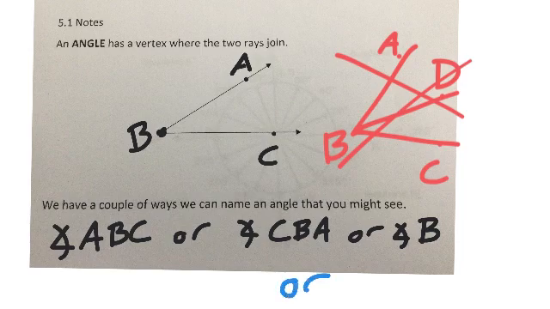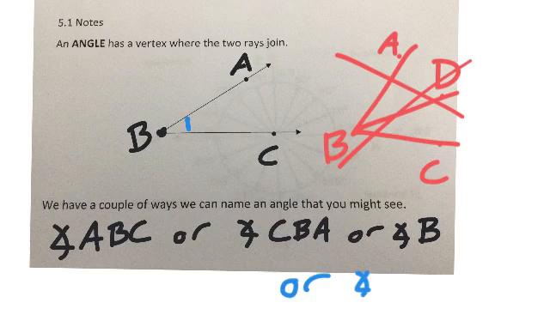Or we could put a little number or maybe a Greek letter, like alpha, in there. We could name that angle 1, or it could be angle alpha, beta. One that we're going to use a lot is theta.